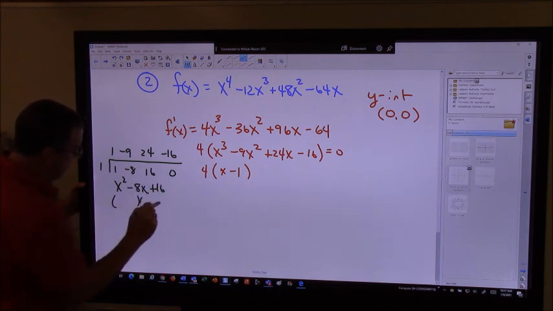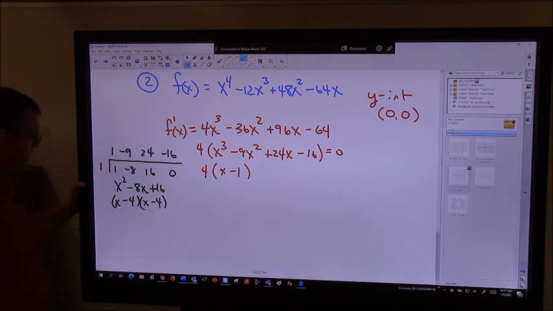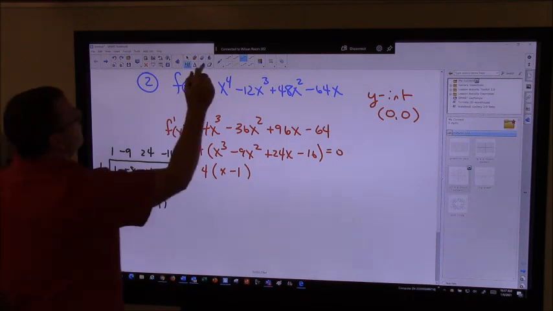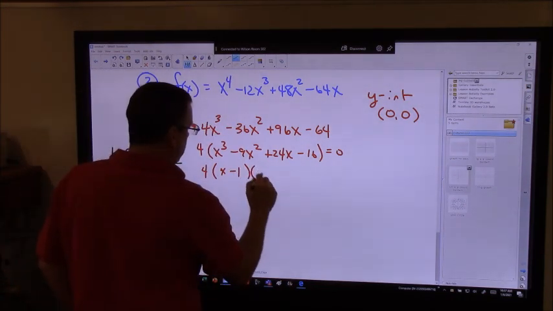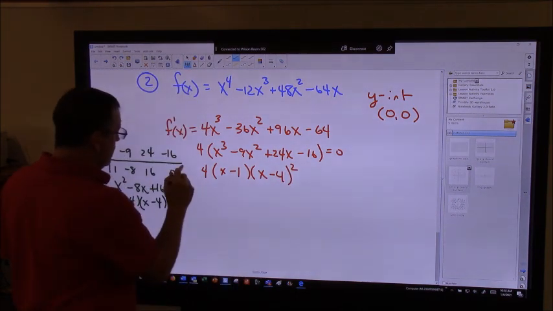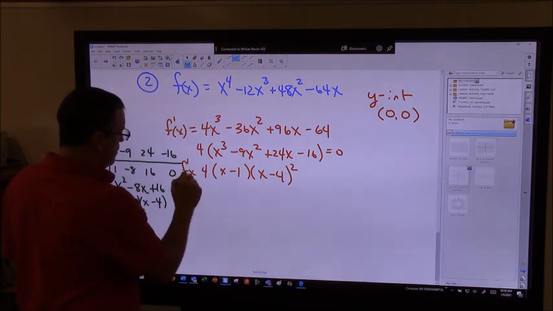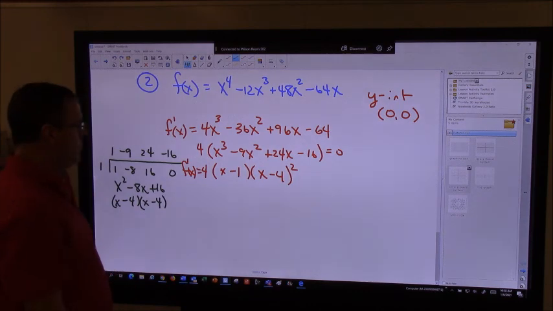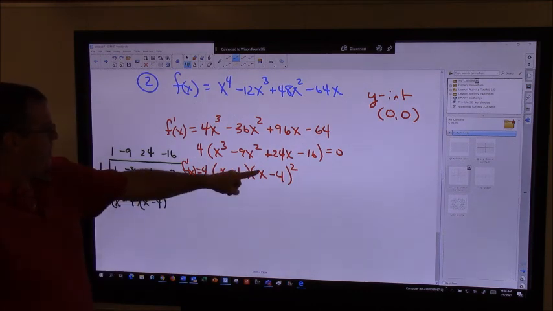So if I factor that, I get x times x, and I believe this is going to be a negative 4 times a negative 4. So x minus 4, squared. There's my first derivative. So my critical numbers are at 1 and 4.